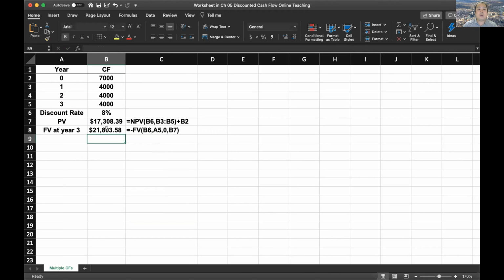Then we have $21,803.58. Okay, so that's how to get the present value and future value using Excel.